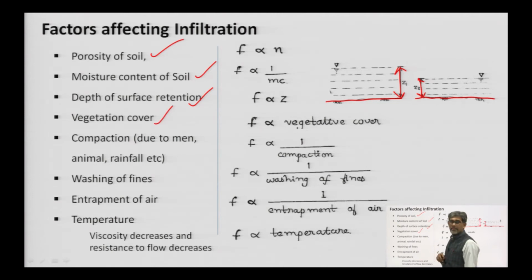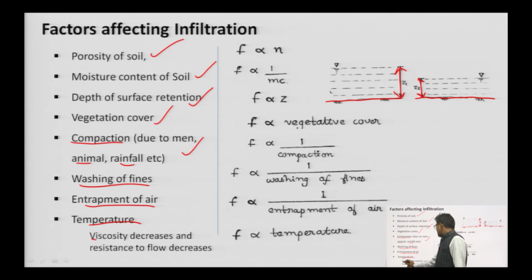Vegetation cover is another parameter. Compaction, due to man, animals and rainfall compaction of soil. That is a parameter. Washing of fines, entrapment of air, temperature. As we know, viscosity decreases and resistance to flow of water decreases as the temperature rises.